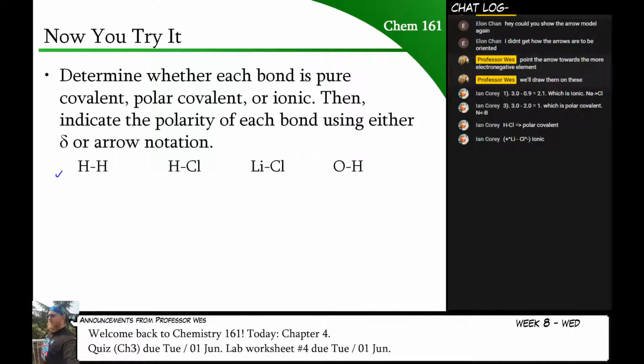All right, let's go over the answers. So I have the electronegativity over here on a different page. So I'm just going to refer to them here. So HCl is polar covalent. So the notation we would use would be an arrow notation, or delta plus on the H side and delta minus on the Cl side.